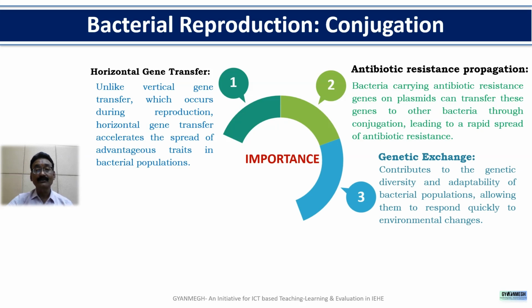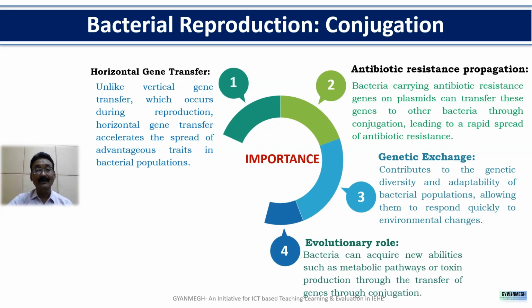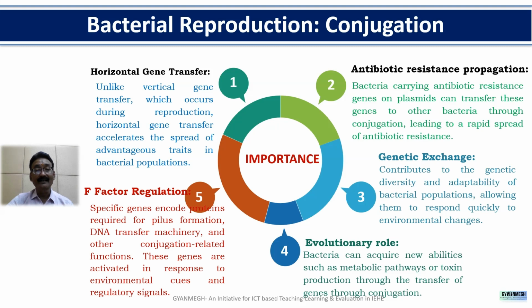Conjugation contributes to the genetic diversity and adaptability of the bacterial population, allowing them to respond quickly to environmental changes. Bacteria can acquire new characters such as metabolic pathways through the transfer of genes from one bacterium to another through the conjugation mechanism.